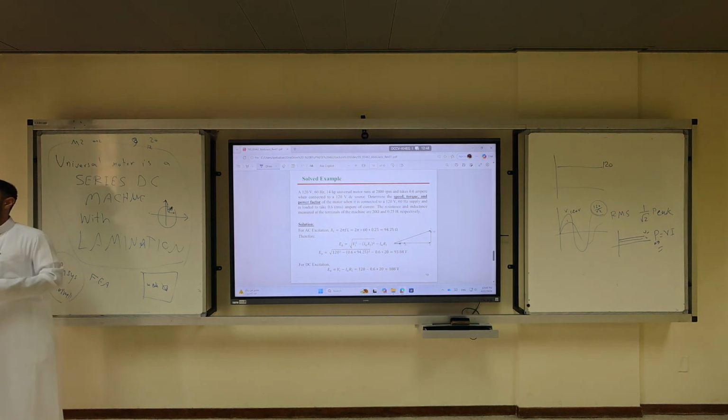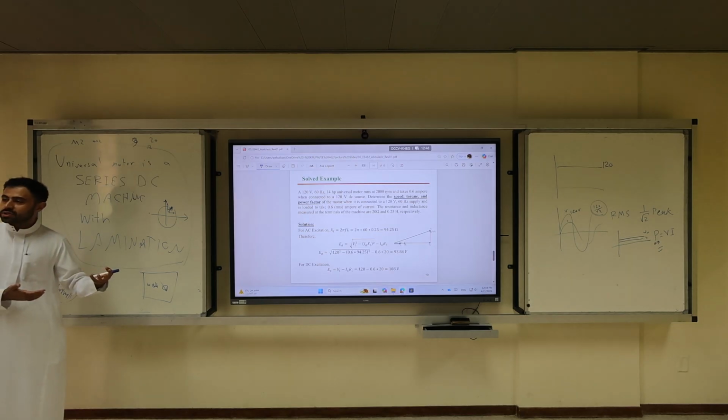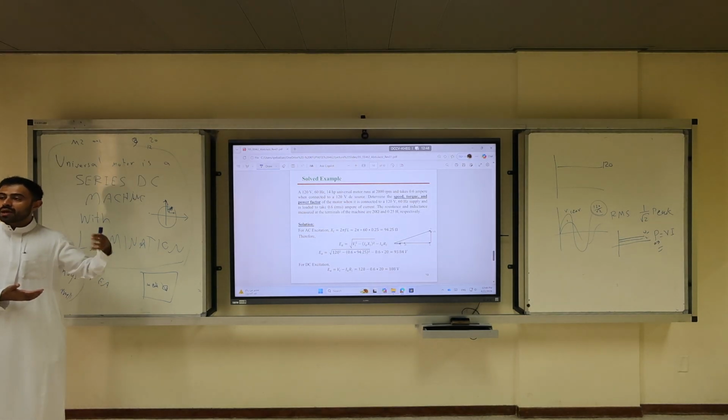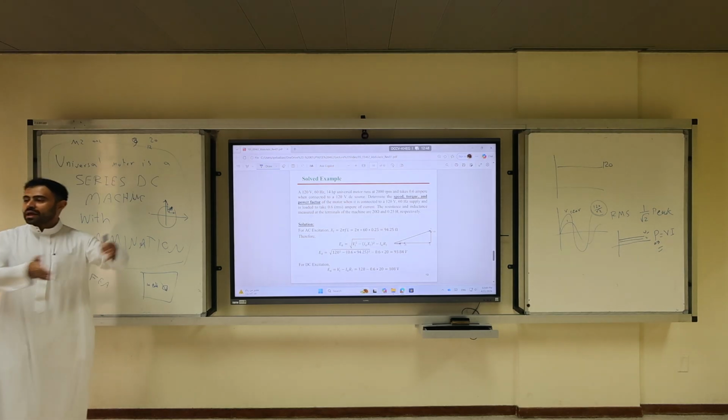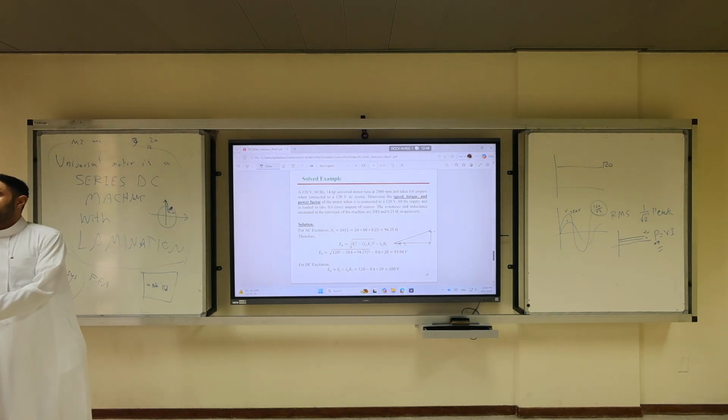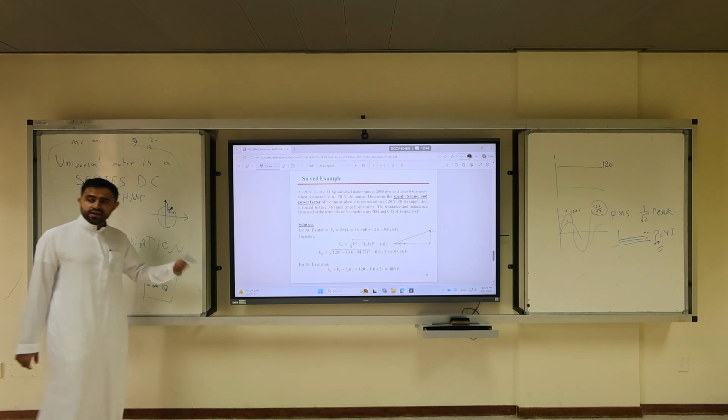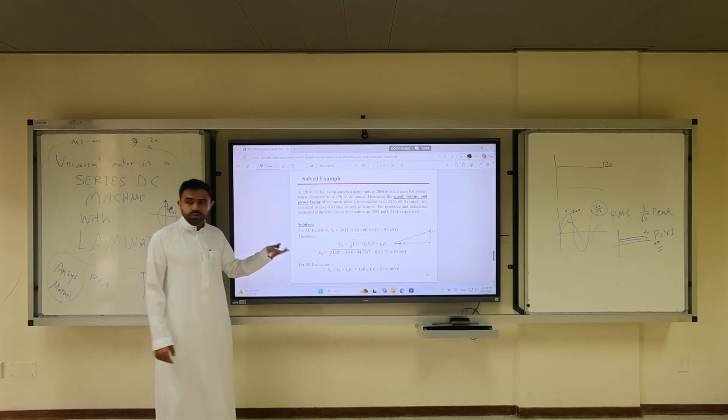Controlling them was much easier than firing angles. Controlling a DC machine is easy, just a DC chopper. But controlling an induction or synchronous machine was way more difficult. Now the shift goes the other way: we have more AC and we almost don't have any DC. That's why I don't like DC machines, but it's good to talk about it.